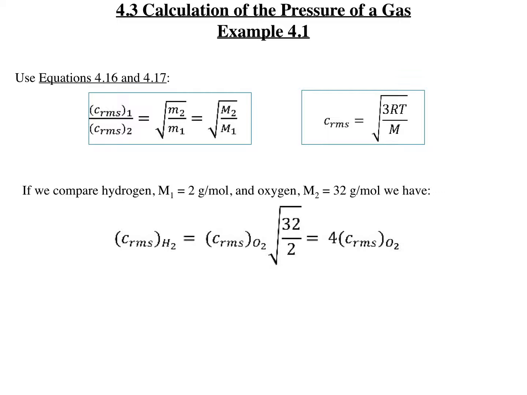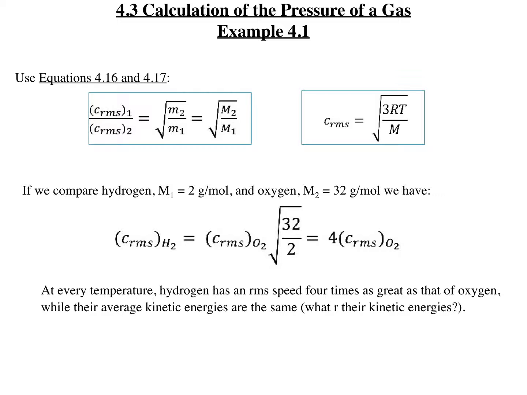This does not come as a surprise, but it clearly illustrates that the hydrogen molecules are moving much faster than the oxygen molecules. This is simply because of the differences in their masses. And we can be more exact and say that the hydrogen molecules travel 4 times faster than oxygen under any temperature and pressure conditions.